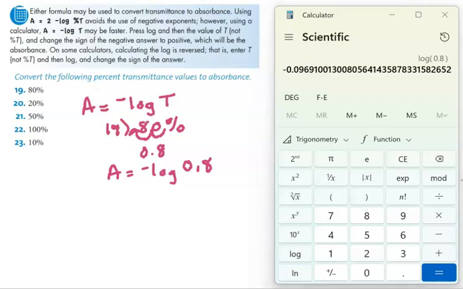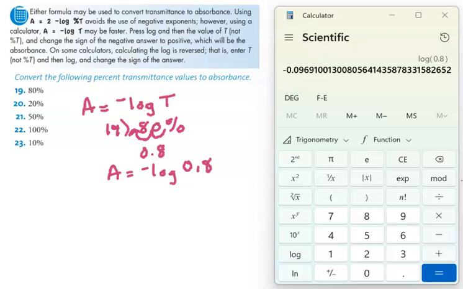We can actually round that off to 0.097. So our A, or our absorbance, is going to be equal to 0.097. So that's going to be our answer.